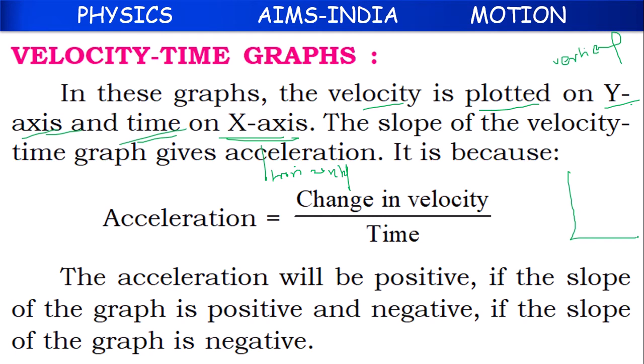If you take the coordinate axes, x-axis and y-axis, this is the origin. The velocity vector is taken on the y-axis and the time scalar is taken on the x-axis.